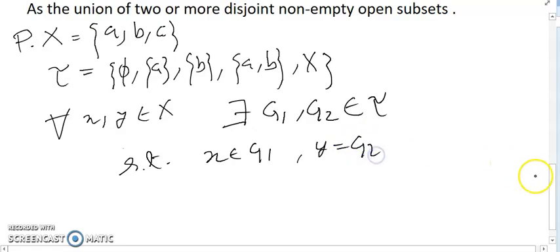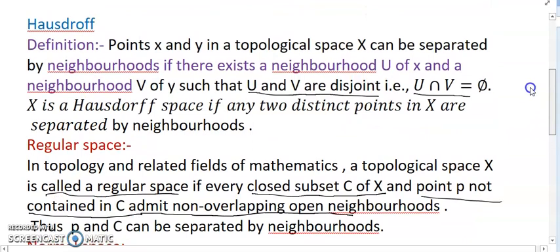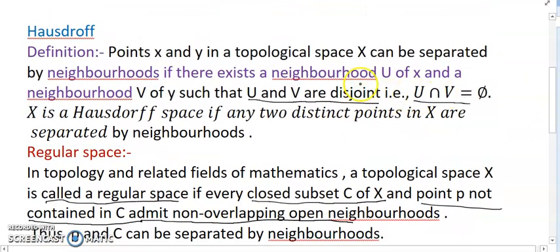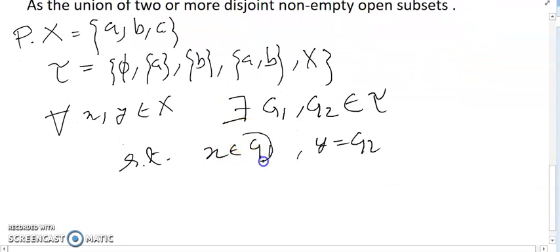G1 and G2 are open sets. Neighborhood means open neighborhood. So G1 is a neighborhood of x and G2 is a neighborhood of y.